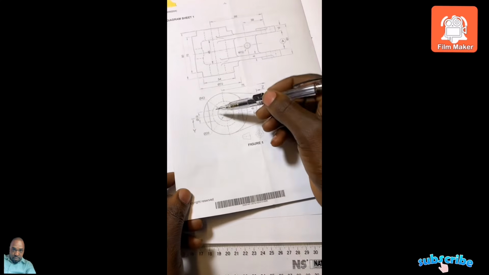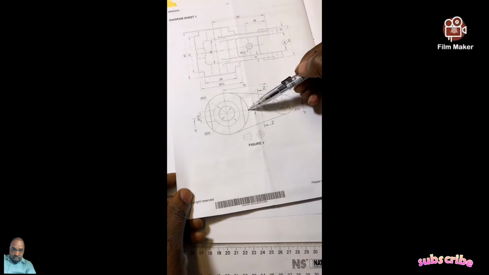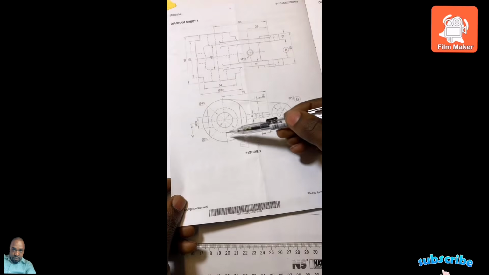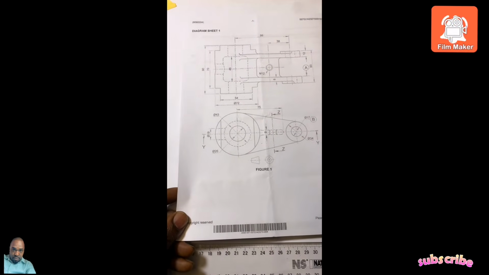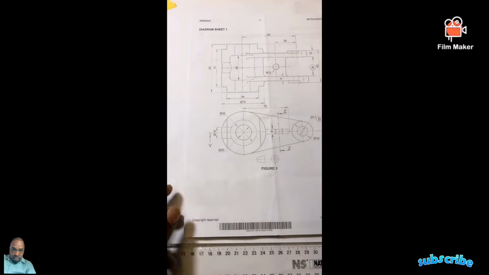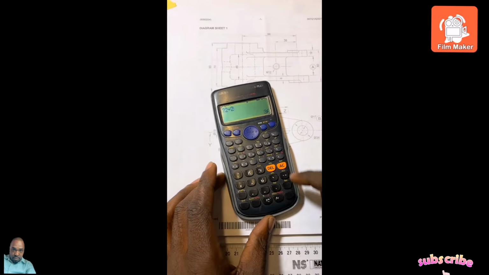Let's draw the bigger one. It's diameter 72. You see, the bigger one is diameter 72. So 72 divided by 2 is 36.